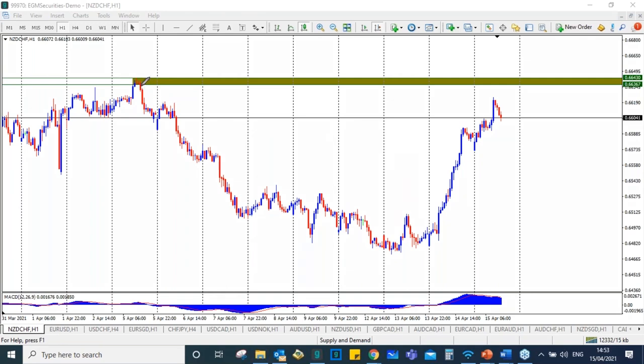If you look at this particular case, you will notice that at this level, we had an example of a rally. Price rallied up to this level. Then we had two basing candlesticks. So we have these two bearish candlesticks forming here. Then the price burst.